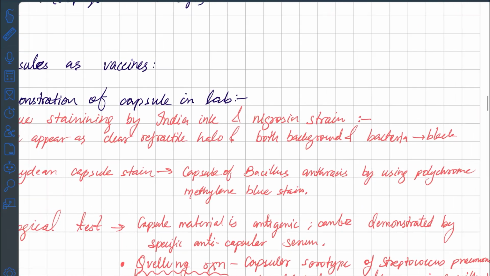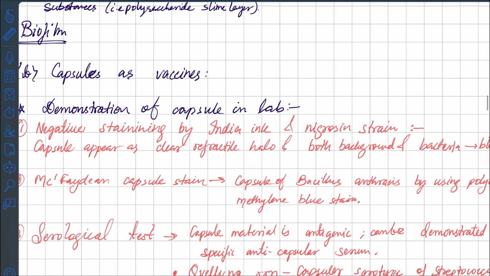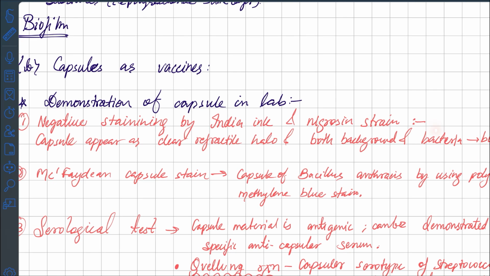The background and the bacteria both are black, but the capsule appears as a clear refractile halo. This is how we can demonstrate capsule by using negative staining. India ink and Nigrosin stain we can use.